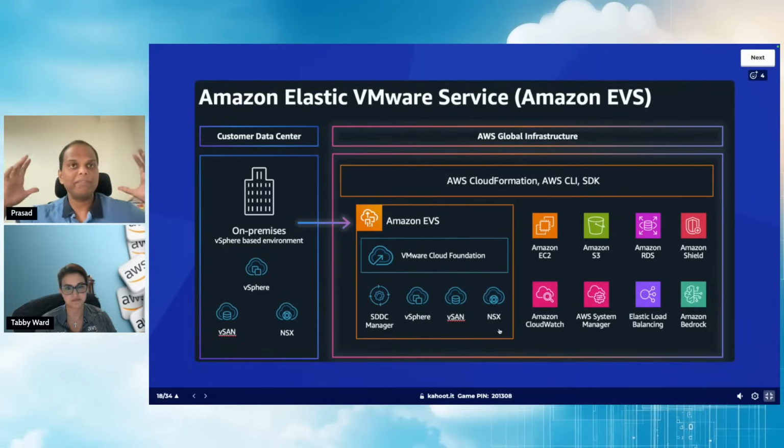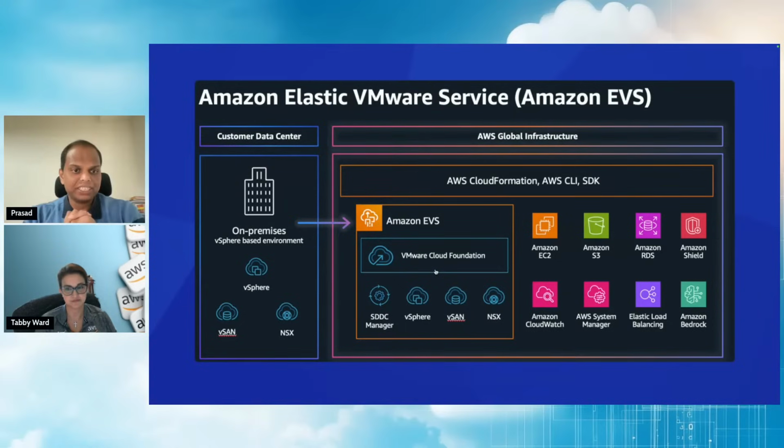They will be in the VMware world with VMware Cloud Foundation, which bundles all these different components of VMware. And if they are an AWS native customer, they can easily use the services they are familiar with, like Amazon EC2, S3, and RDS, seamlessly with Amazon EVS.